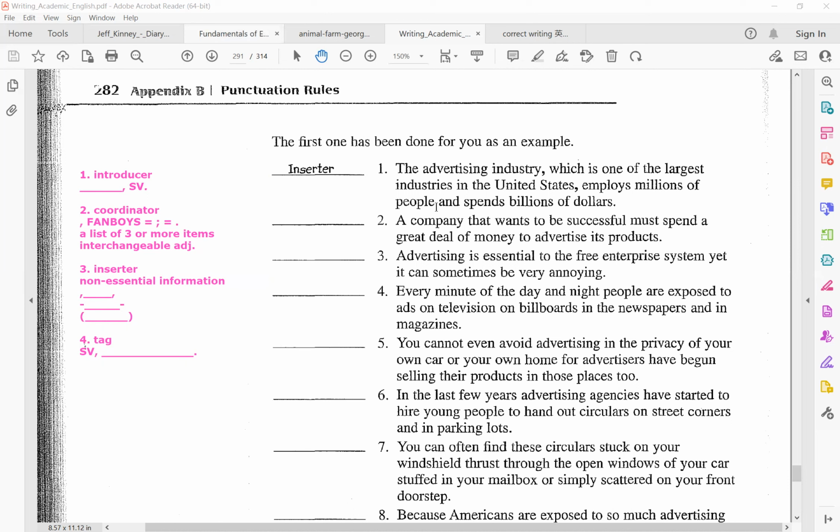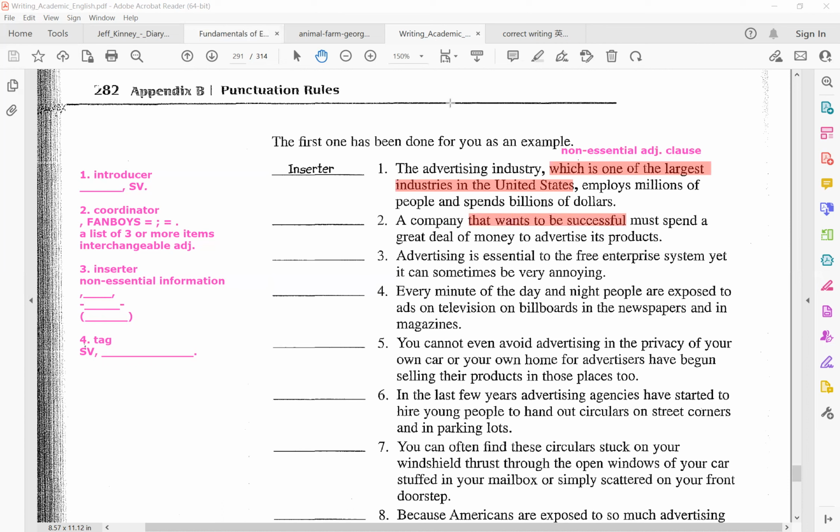Okay, so the first one has been done for us as an example. The advertising industry, and then we can see here, which is one of the largest industries in the United States. This is our non-essential adjective clause. So of course, we need to use our inserter commas here, okay, which is our type 3. If we take a look at number 2, a company that wants to be successful, this is adjective clause again.